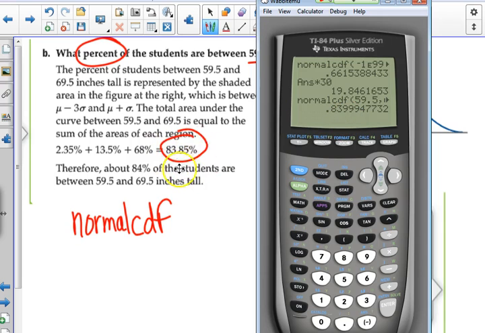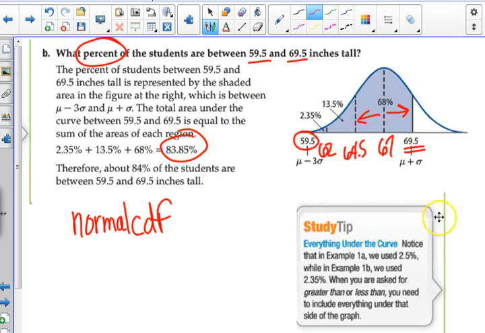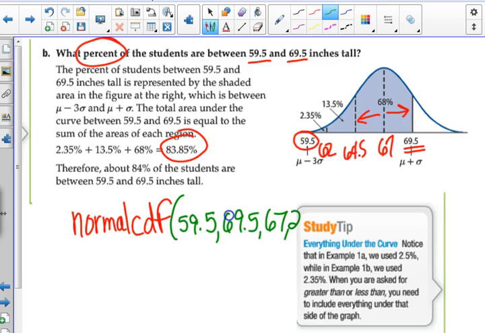Now that's not what we got when we added it up here. It's slightly different. The calculator is programmed to be more accurate. On here, you would be typing the lower limit, the upper limit, the mean, and the standard deviation.